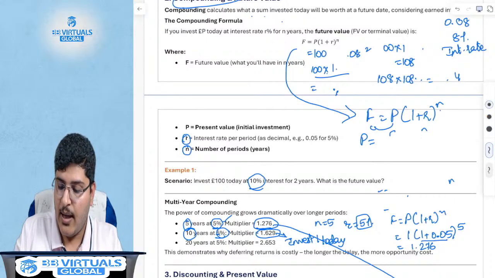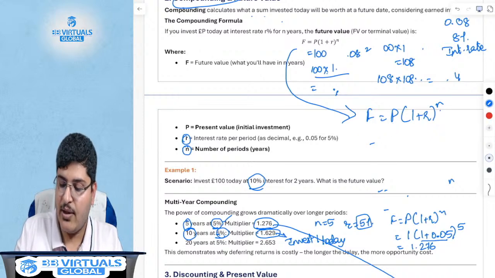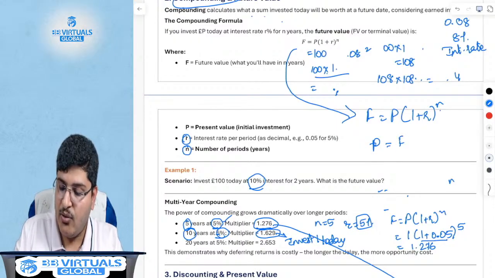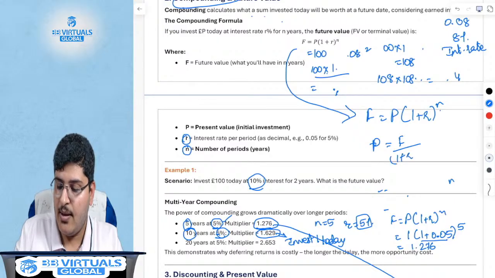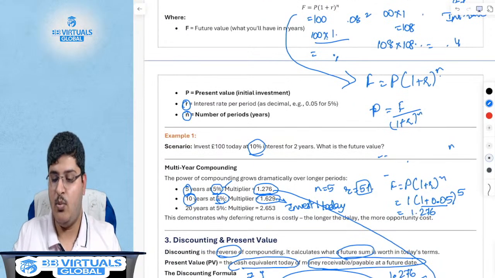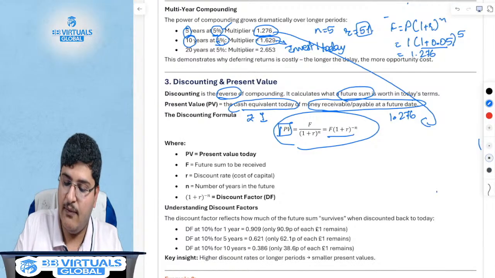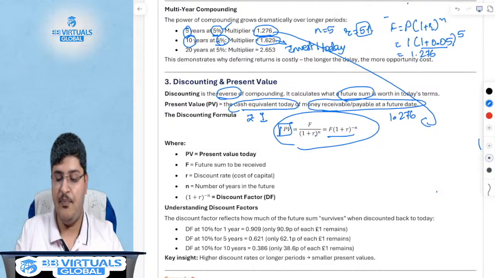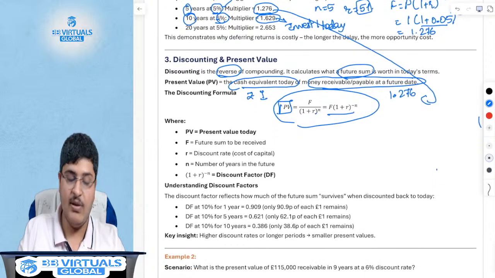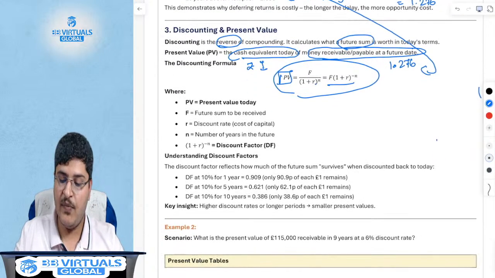If you were to do the math, then your present value is nothing but the future value divided by (1 plus r) raised to n, or the other way to put it, (1 plus r) raised to minus n. This is the formula of discounting, which is exactly opposite that of compounding.